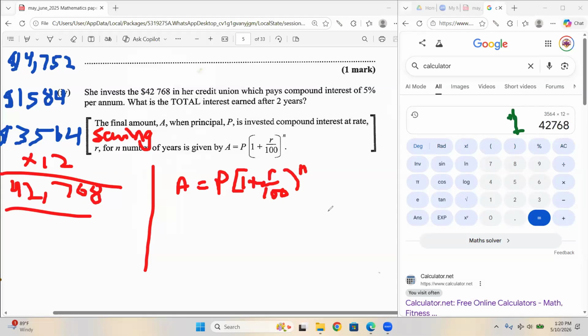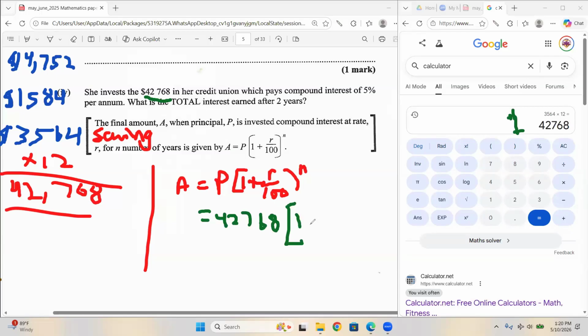So filling in the information that needs to be filled out. The principal amount is the amount that she invested, which is the 42,768.